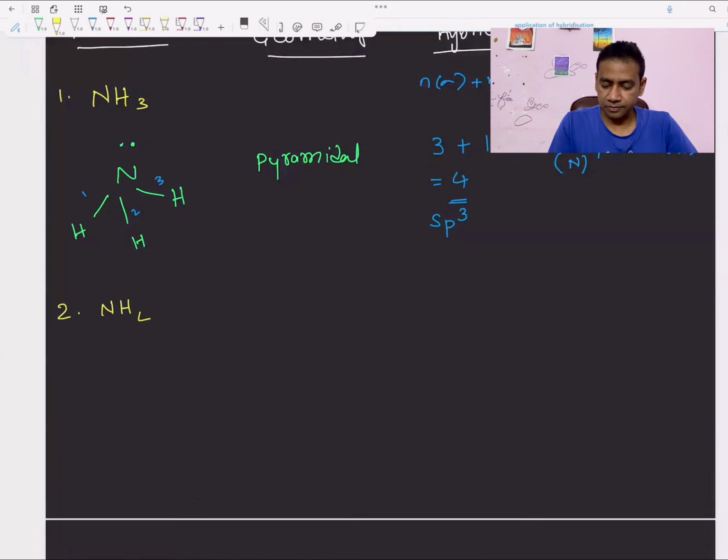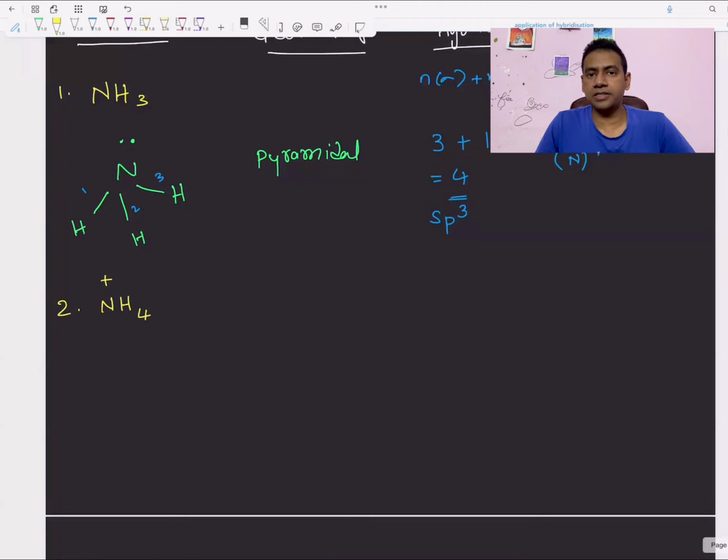ammonium ion, NH4 plus. Please note how to write the Lewis dot structure and of course the molecular geometry from VSEPR theory. What I said: if you find a positive charge particularly on the central atom as N plus, then let us make the number of valence electrons now 4, and there are 4 valence electrons and it can form 4 sigma bonds with hydrogen.